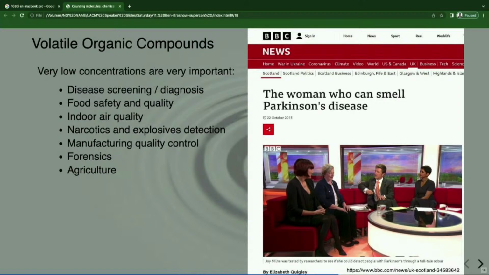But she eventually convinced someone who thought she might have something to it and enrolled her in a blind trial. So what they did is they had about 20 or 30 people wear t-shirts, and then they gave her the t-shirts, and she was able to pick out who had Parkinson's and who didn't with 95% accuracy just from smelling the t-shirts. And the one person she got wrong later developed Parkinson's. And so it's a big signal.